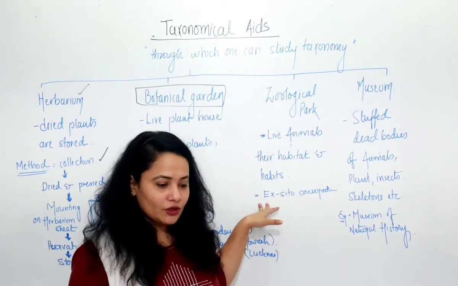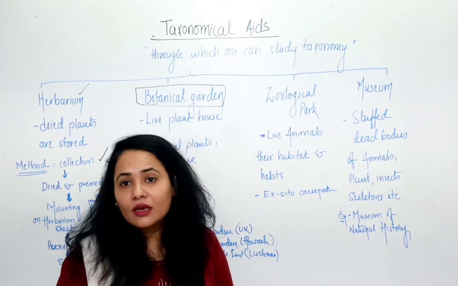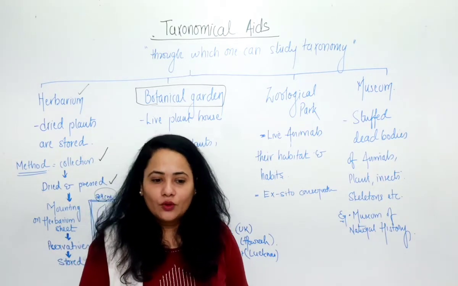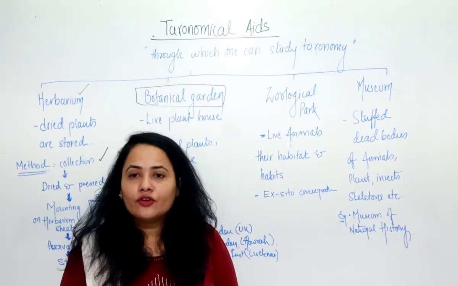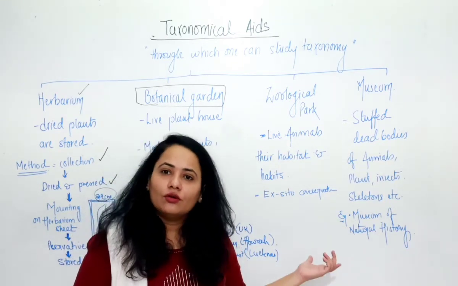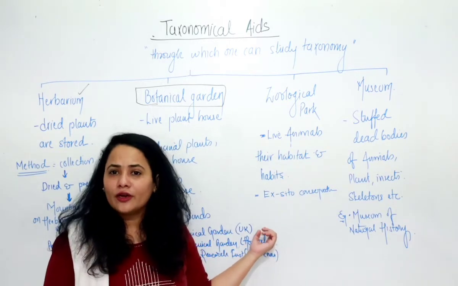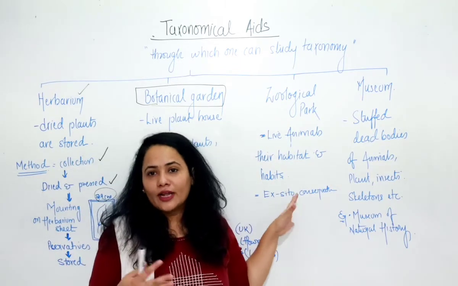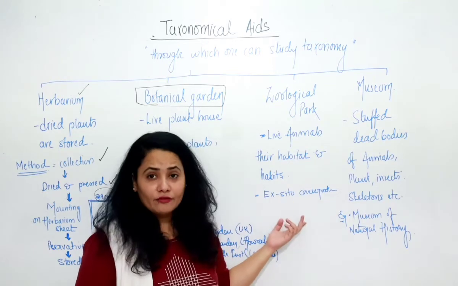Endangered animals, particularly, let's say if lions are endangered these days, can be kept in the zoological park artificially. They can be inseminated, and in vitro fertilization can be done as well, so that you can preserve the endangered animal also. So this is all about the zoological park. Naturally you can study different kinds of animals over there in a live form.